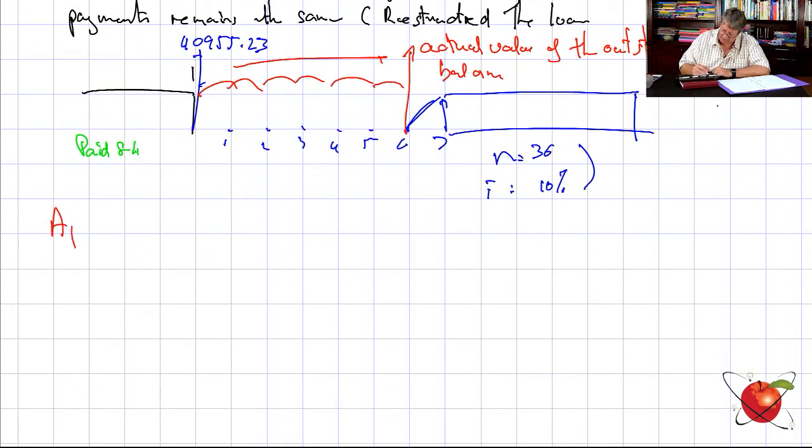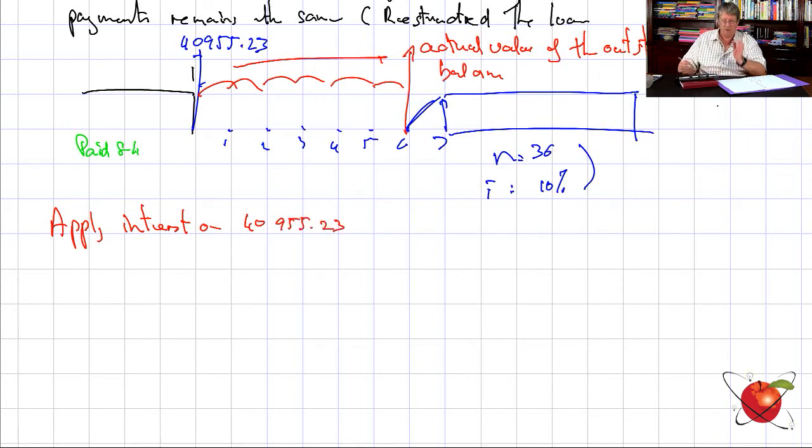Therefore, we need to apply interest on 40955.23, because that's what we owed 6 months ago. So we've got to add interest onto that to get it to today, because where are we? We are here now. So therefore it's 1, 2, 3, 4, 5, 6 months.